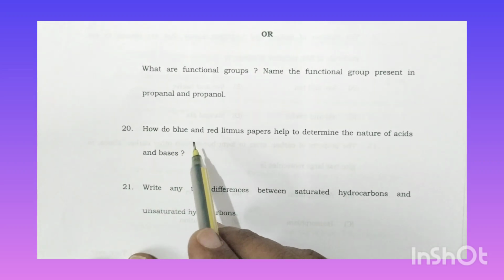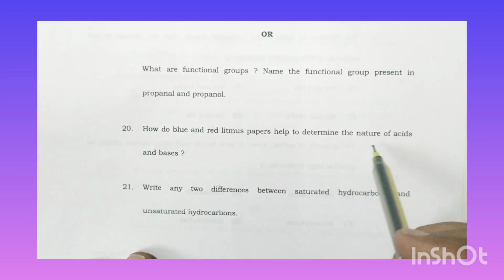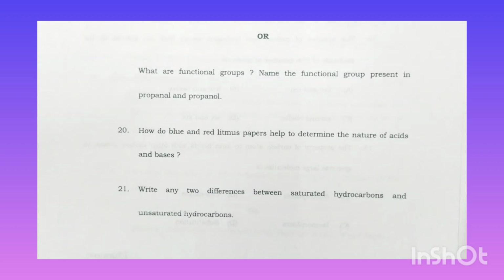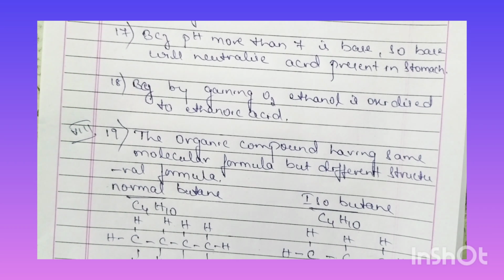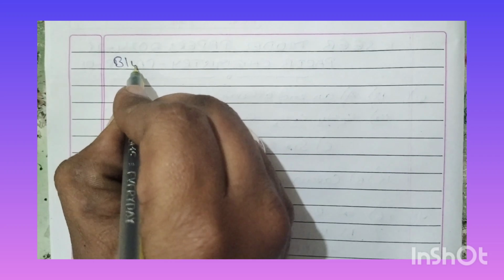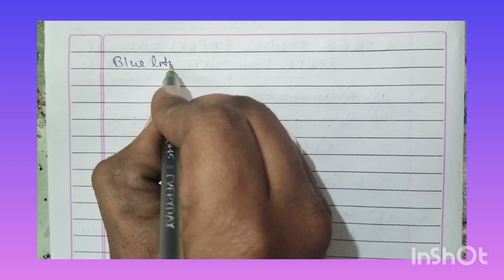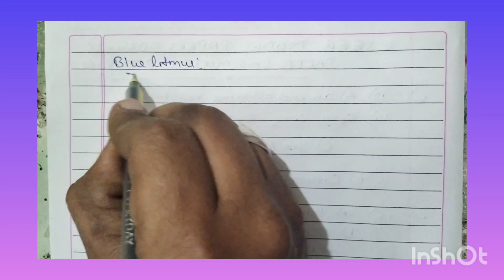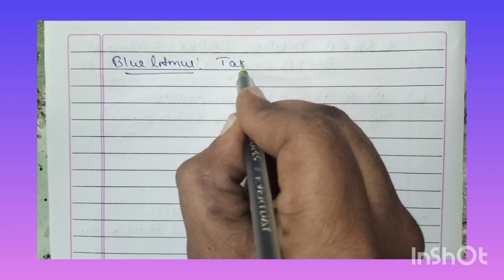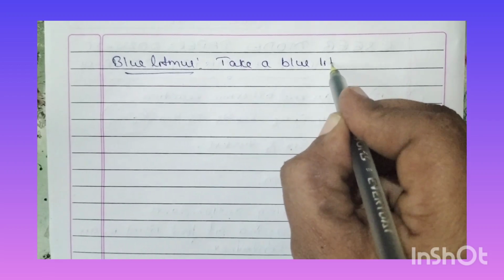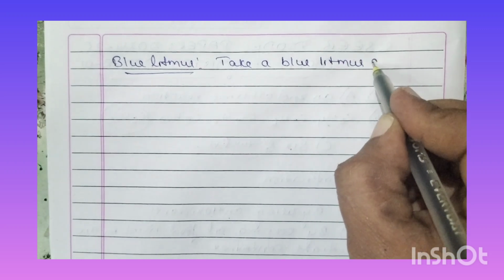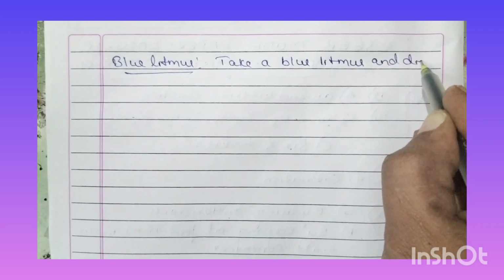How do blue and red litmus help to determine the nature of acid and bases? So let us answer this question now. Take a blue litmus and dip in a solution.